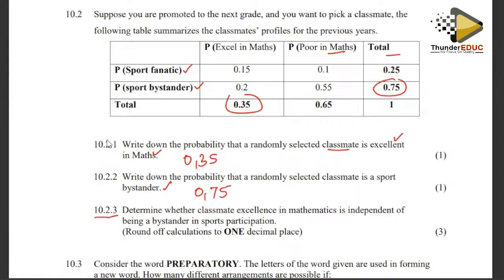And then 10.2.3, determine whether a classmate's excellence in mathematics is independent of being a bystander in sports participation. So we have the probability, okay, let's just put it aside. You excel and you are a bystander.